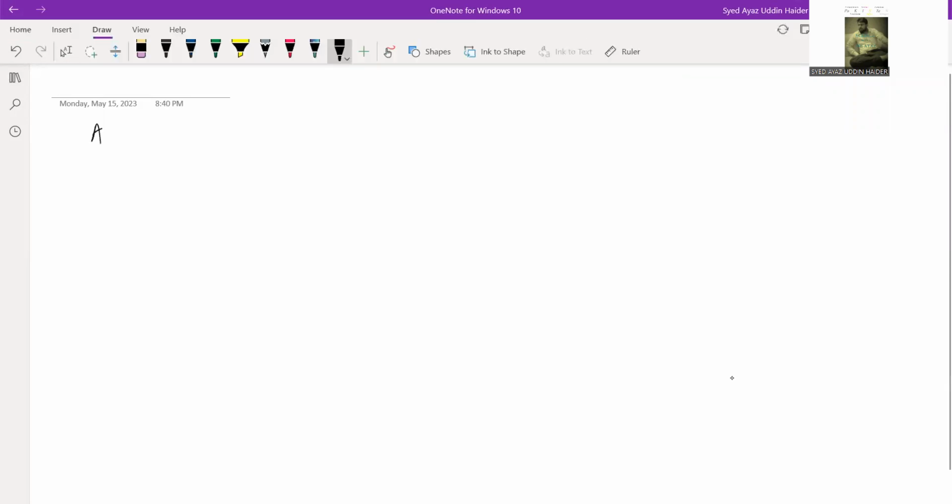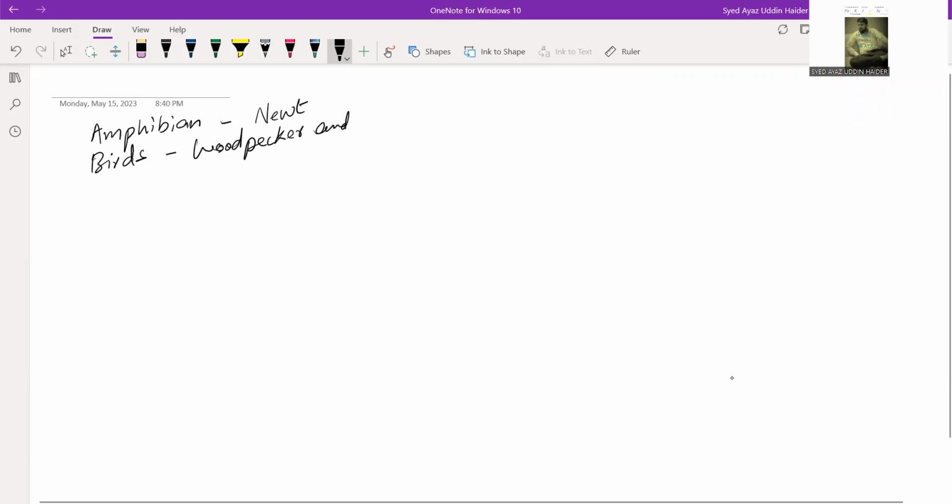We have one amphibian here, and that is newt. We have two birds here, woodpecker and bat. Bat is also included in mammals.